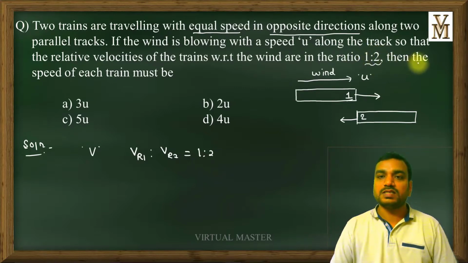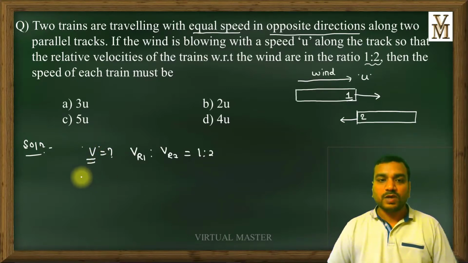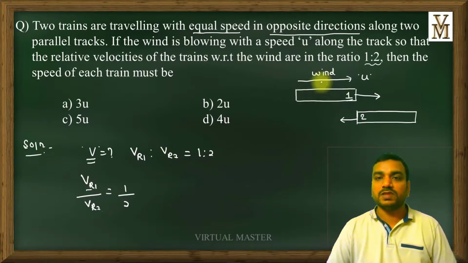Now we have to find the speed of each train, that is we have to find V equals how much. Since the ratio is 1 is to 2, I can write VR1 by VR2 is equal to 1 by 2. Now what is VR1? It is the relative velocity of train 1 with respect to wind. Since the wind and the train 1 are traveling in the same direction, the relative velocity will be equal to the difference between the velocities of train 1 and wind.